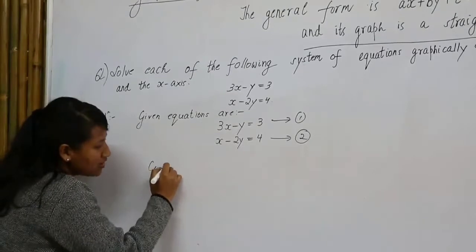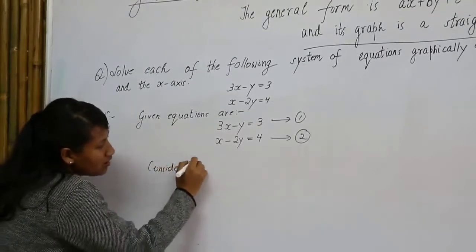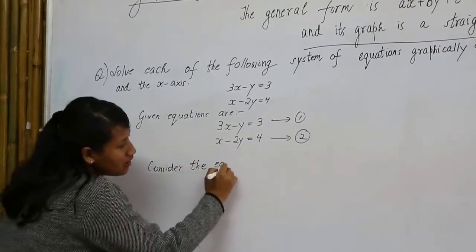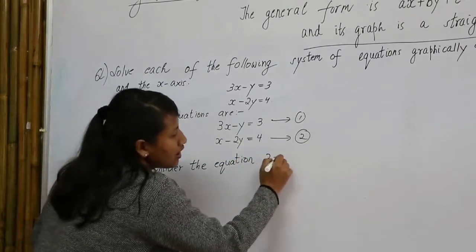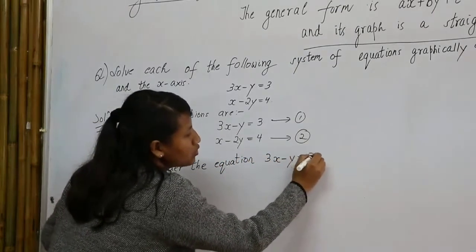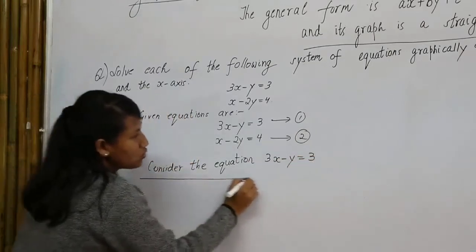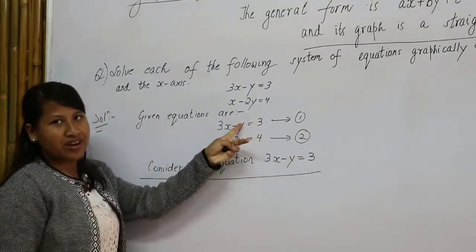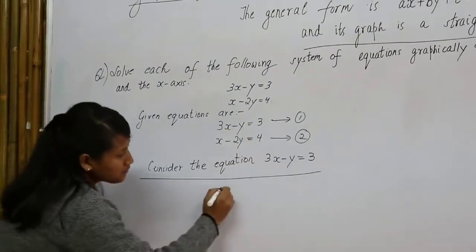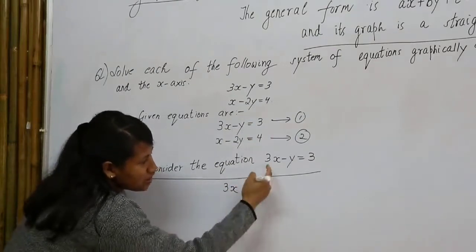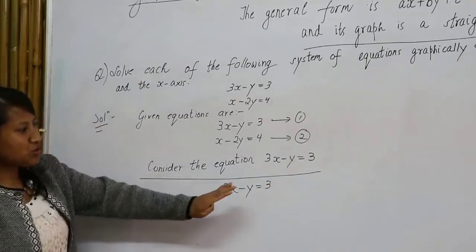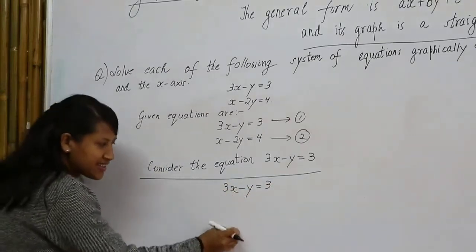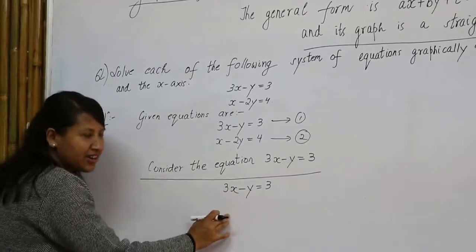So consider the equation 3x minus y equal to 3. So we have taken the first one. Then you write this equation again.